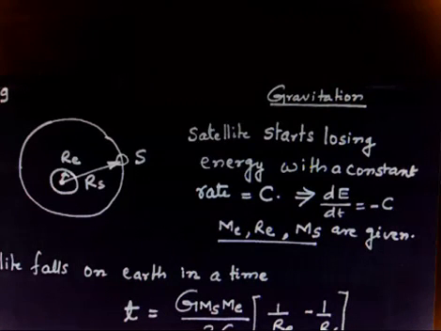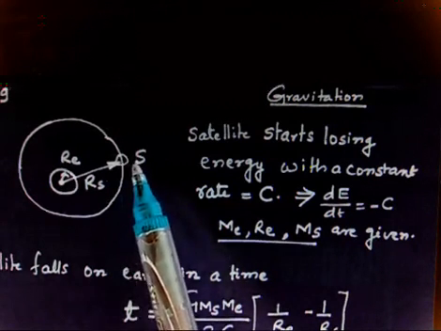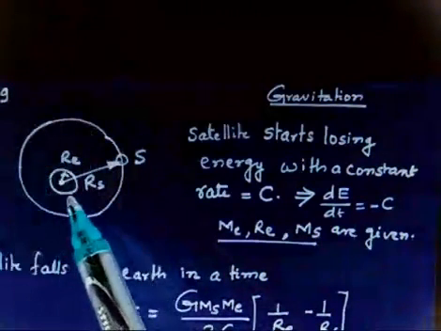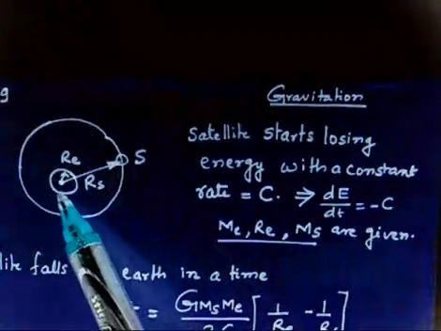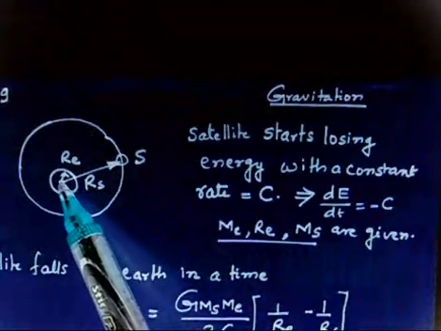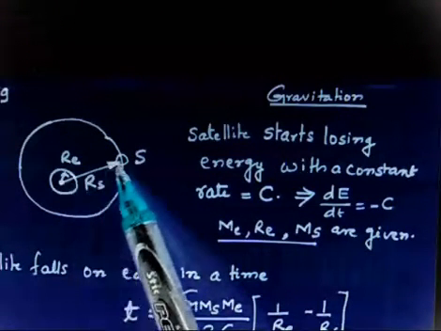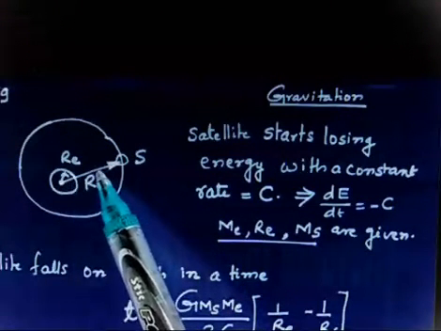This says a satellite of mass ms is orbiting the earth in a circular orbit of radius rs. So there is a satellite S, and this satellite is moving in a circular orbit around the earth. So this is the earth. The radius of earth is given, that is re, and rs is the radius of the orbit of the satellite.